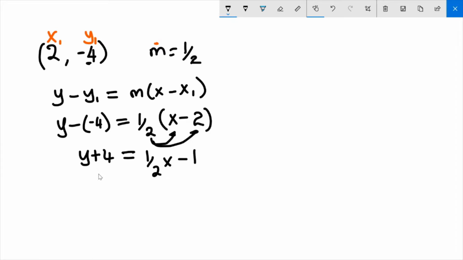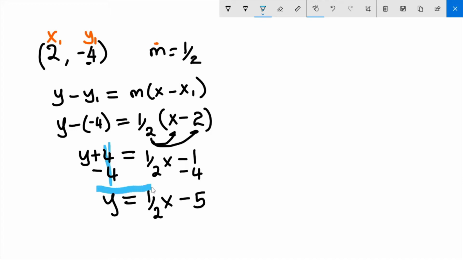And then to get y by itself, I subtract 4 here and subtract 4 here, so that this cancels out. So I have y equals 1/2 x minus 5. And that is your answer.